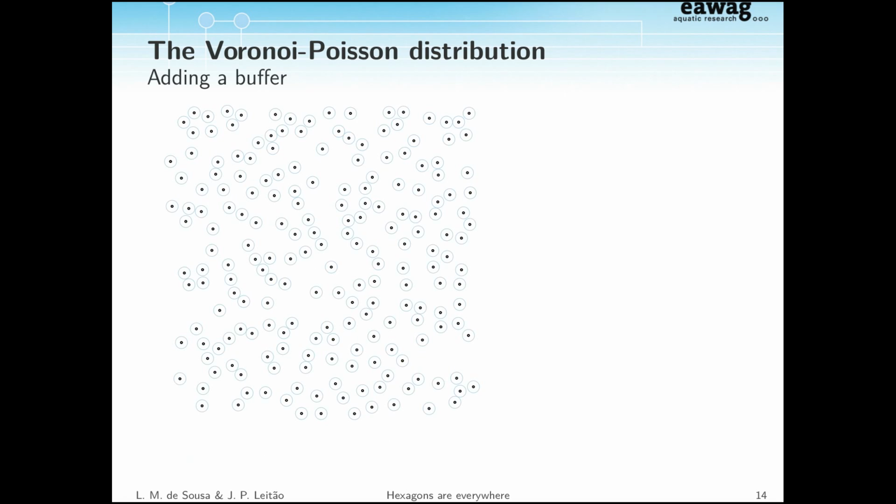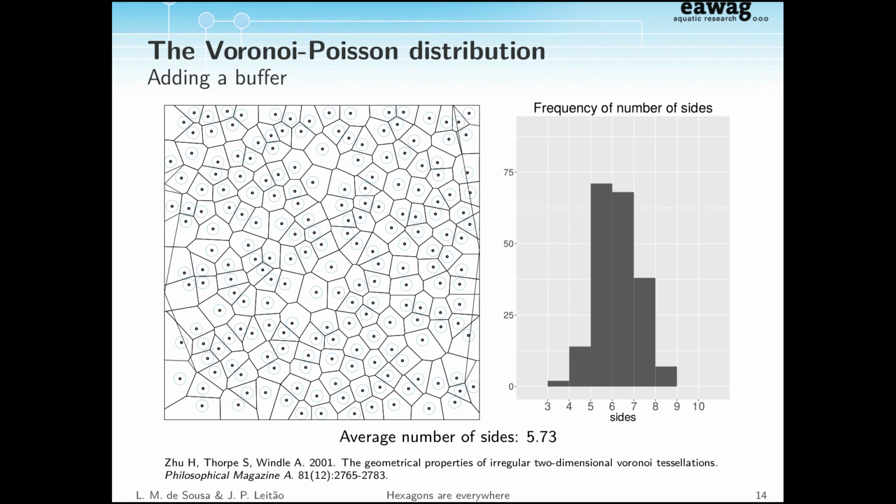Now I repeat this exercise with a constraint. So around each point there is a zone of influence that prevents another point from being there. So there is kind of a minimum distance between each of these random points. I take again the Voronoi polygons, count again the number of sides, and the average is again very, very close to 6, but actually the distribution has become much narrower, so the standard deviation is now smaller.